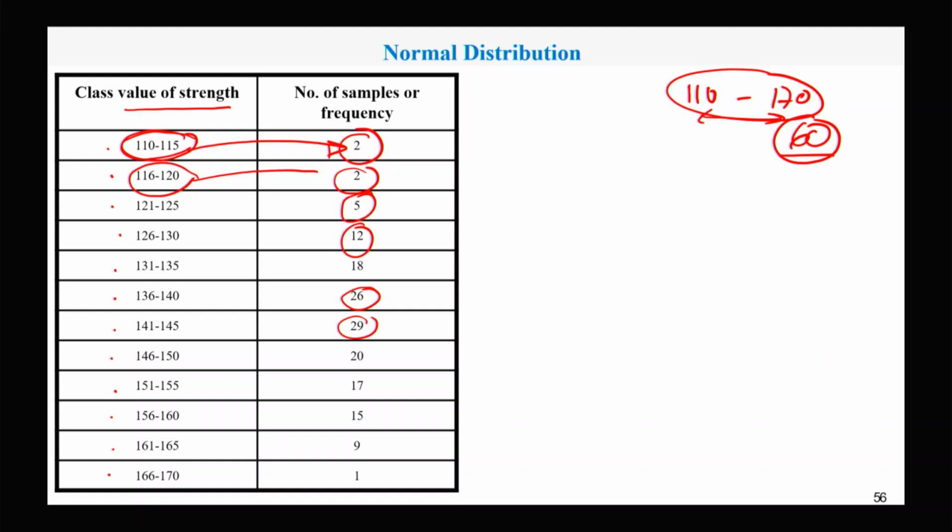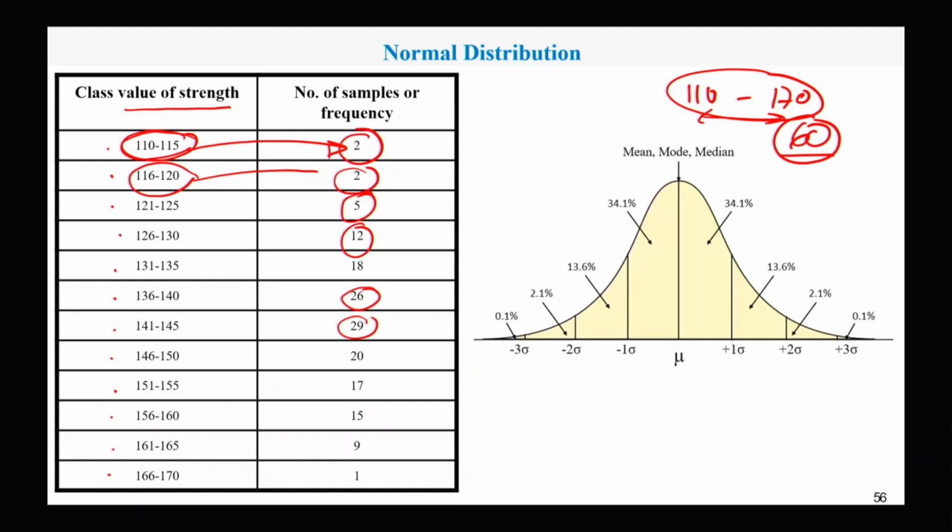After that, we can plot this data in a particular form, in histogram form, where in the x axis we get the strength, the class value, and in y axis it is the frequency, number of times it occurs.